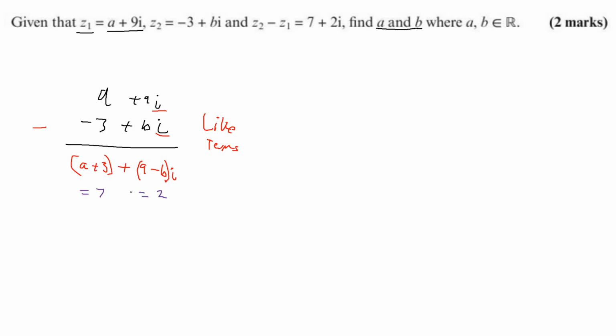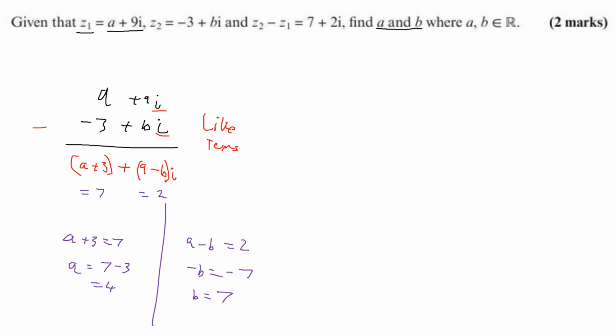So now all we need to do is solve it. a plus 3 is equal to 7, so then a is equal to 7 minus 3, which is equal to 4. On the flip side, however, 9 minus b is equal to 2, so minus b is equal to minus 7, and b is equal to 7.